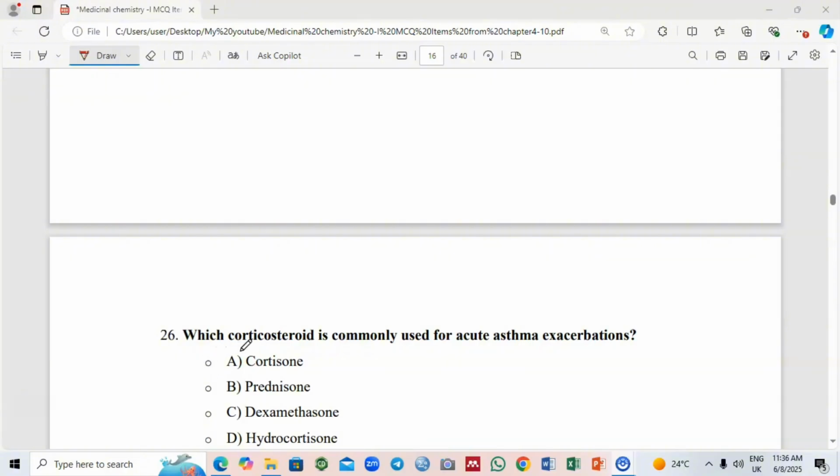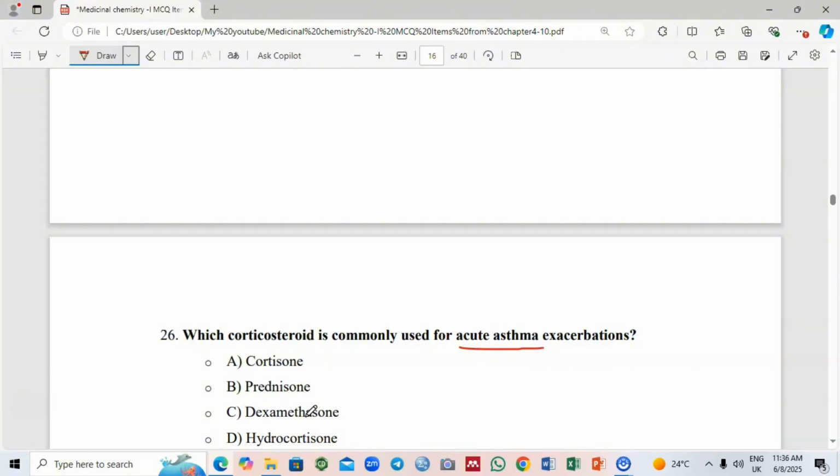Question number 26. Which corticosteroid is commonly used for acute asthma exacerbation? A, cortisone. B, prednisolone. D, dexamethasone. C, hydrocortisone. So as you know, asthma exacerbation is an episode of worsening asthma symptoms which can be severe and require immediate attention.